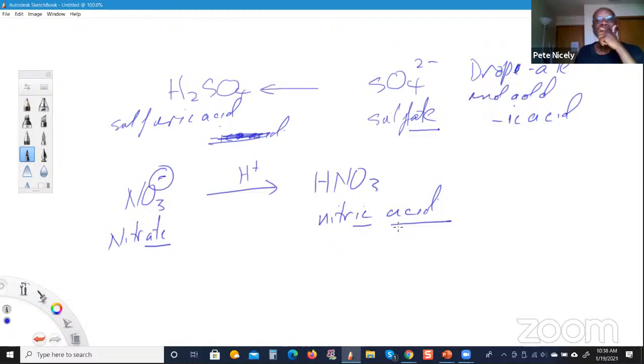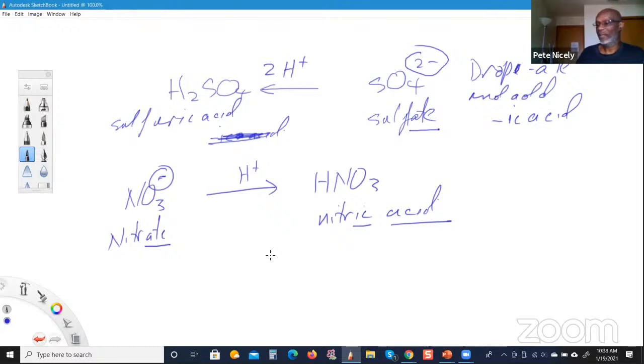I forgot to mention up here, because you have two negative charges, you add two hydrogen ions to get the formula for the corresponding acid. So for every negative charge, you add a hydrogen ion to the sulfate ion or to the anion to form the corresponding acid. All right.